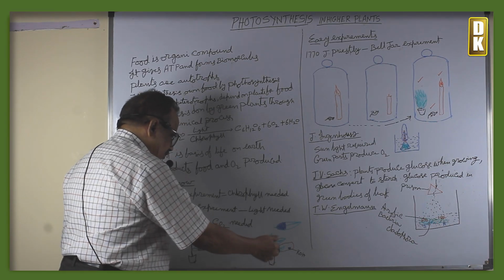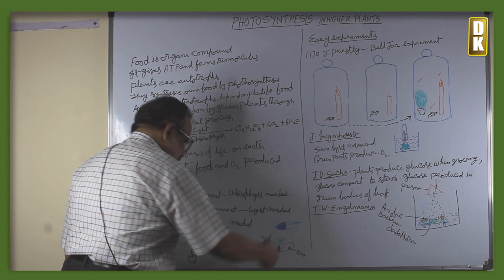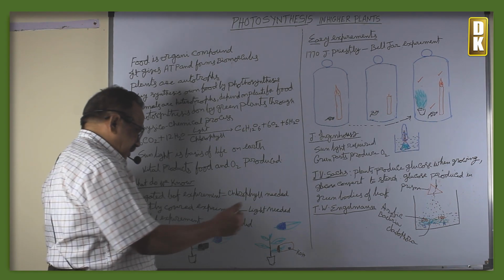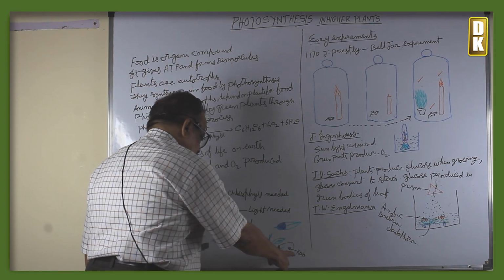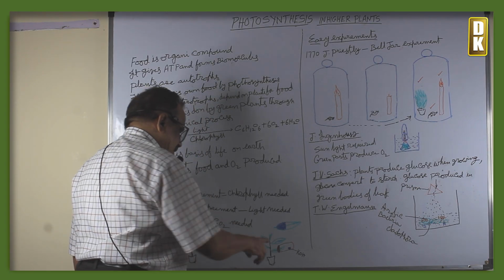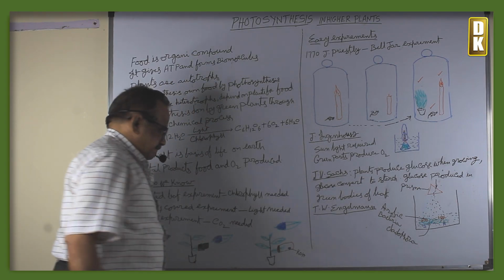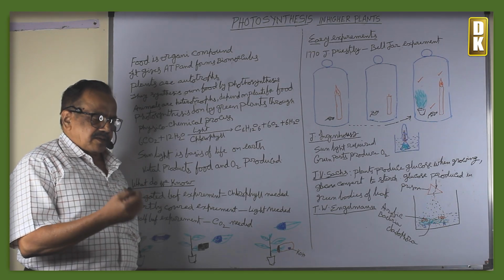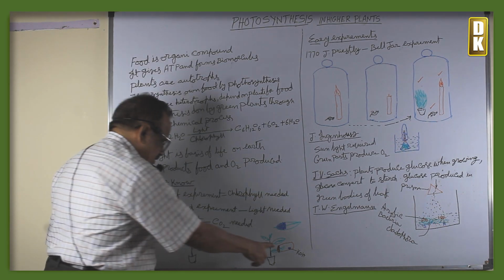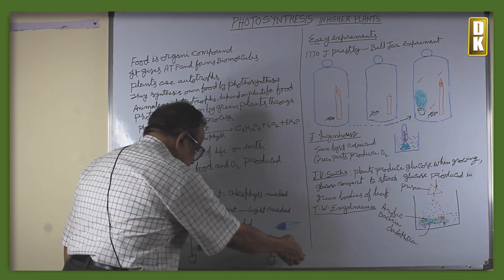That leaf will be kept in a test tube. Before keeping the leaf, you keep cotton soaked in potassium hydroxide liquid in the test tube. Take a piece of cotton, dip it in potassium hydroxide, and set it up in the test tube.